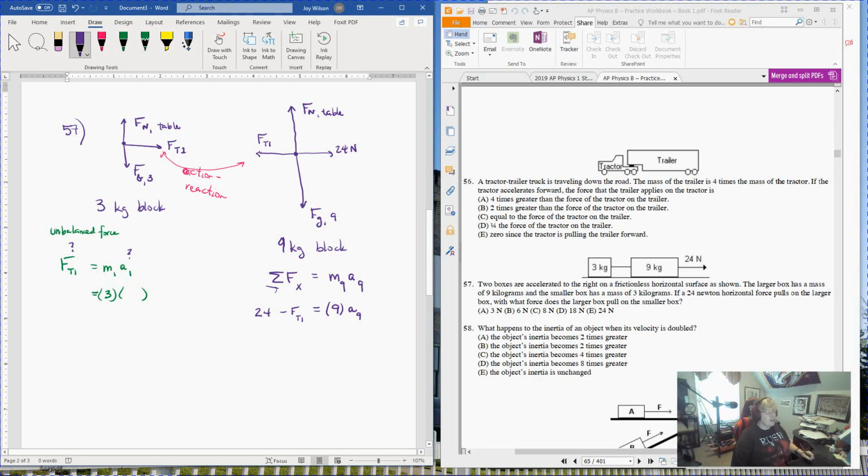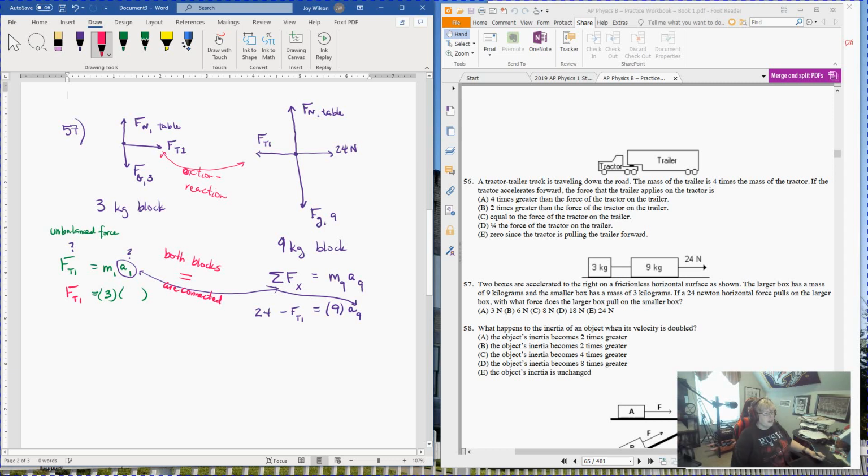So what could I do? Well, can I call this acceleration the same value as that one? And the answer there is yes. These two are equal to each other because both blocks move together. Both blocks are connected, so if one accelerates, the other one has to also. So here's what I've got.